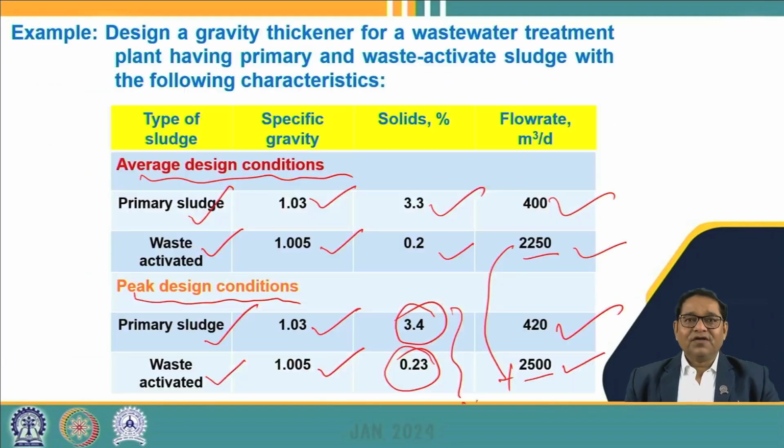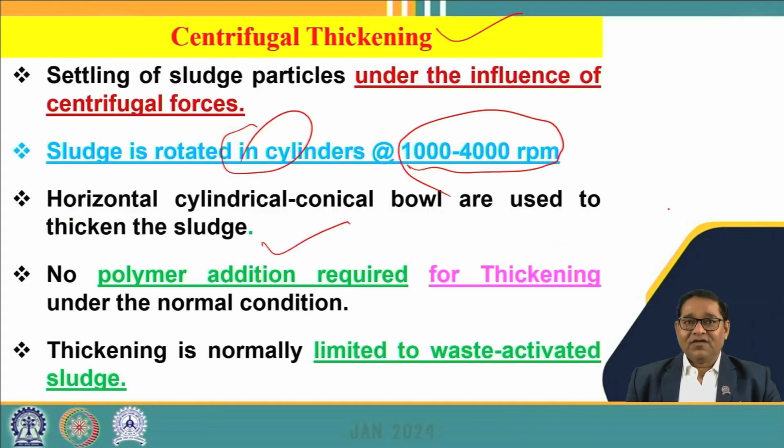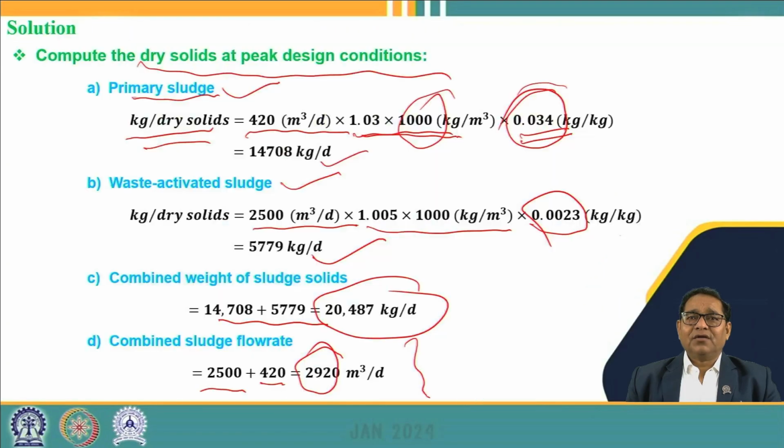If we see this table again, with this percentage of solids for the primary and waste activated sludge process, the solid loading rate criterion given is 25 to 70 kg per meter square per day. So this is the range, and using this table we have assumed a particular solid loading rate.